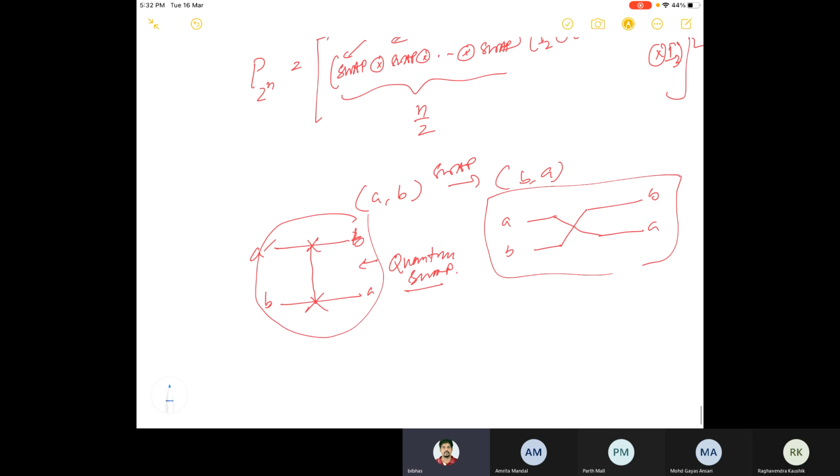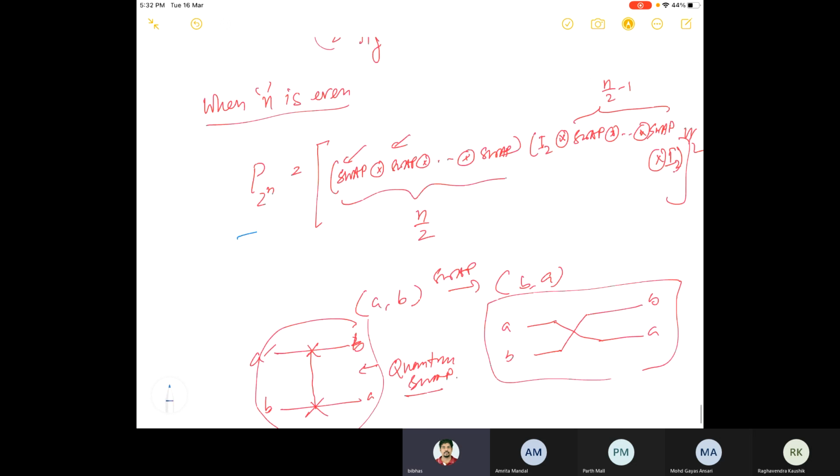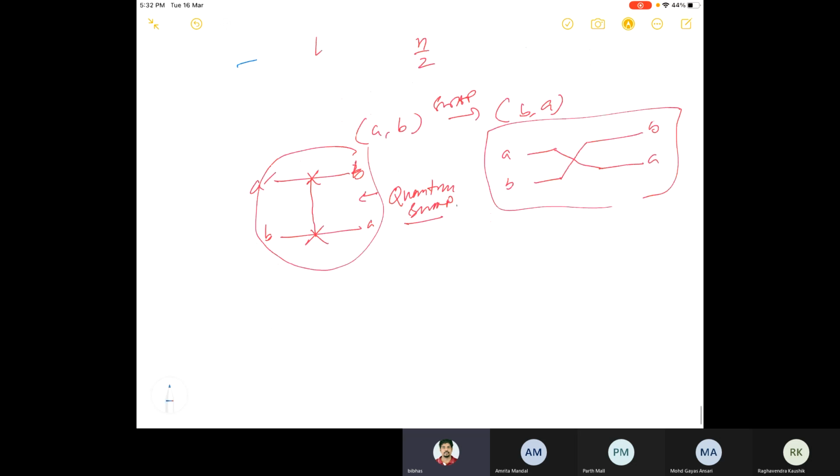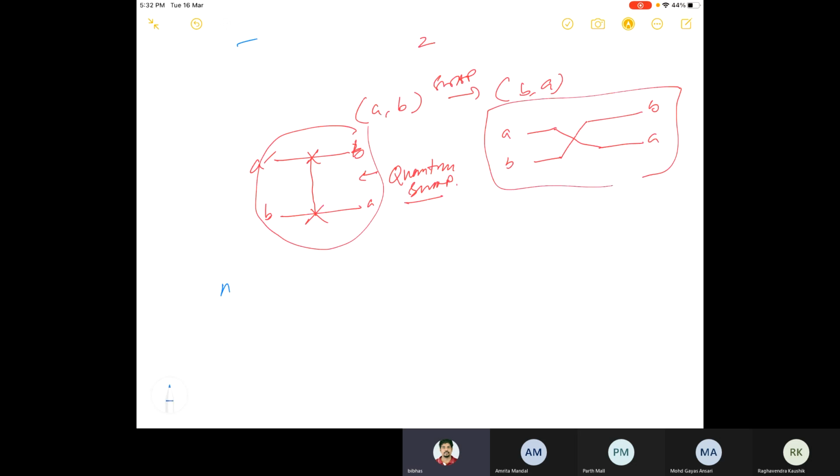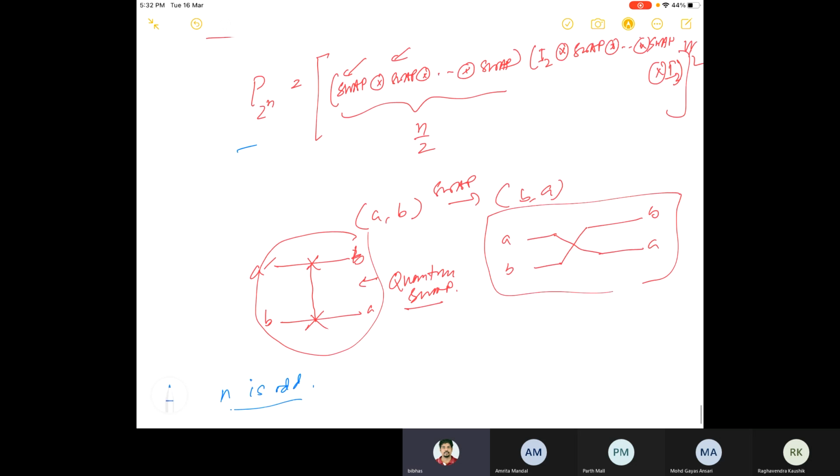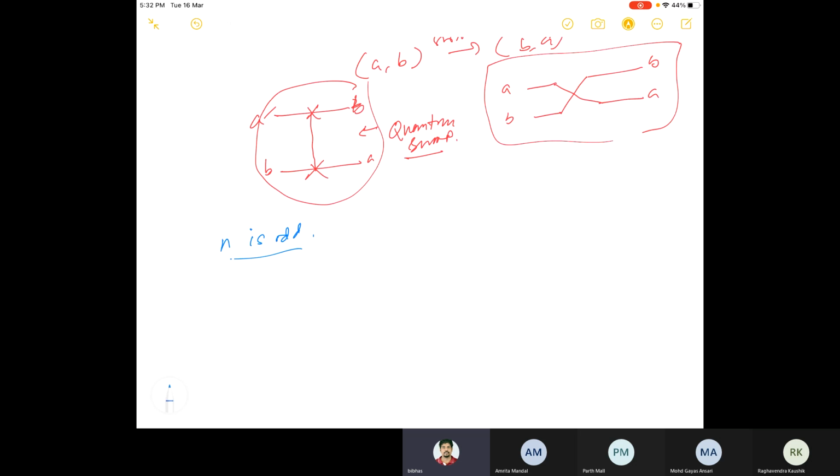Now, this is for p to the power n when n is even. If n is odd, I'm giving a factorization so that you can directly implement the circuit corresponding to this p to the power n.